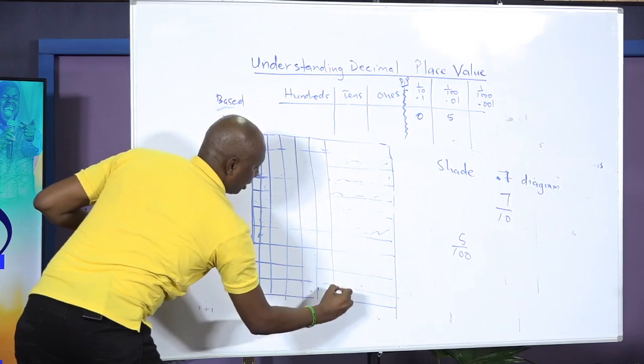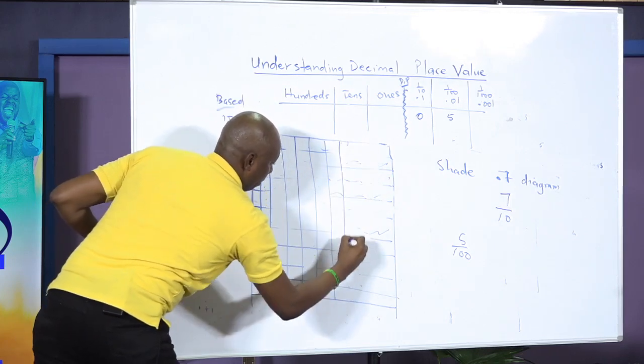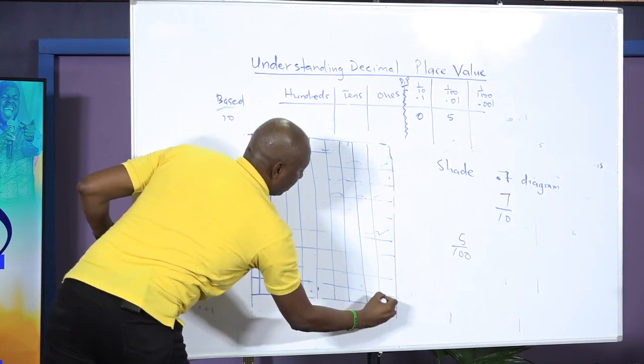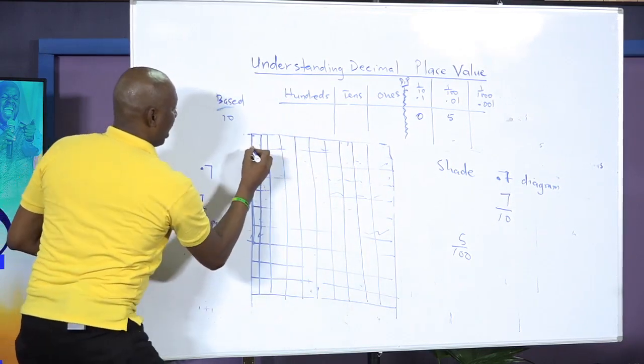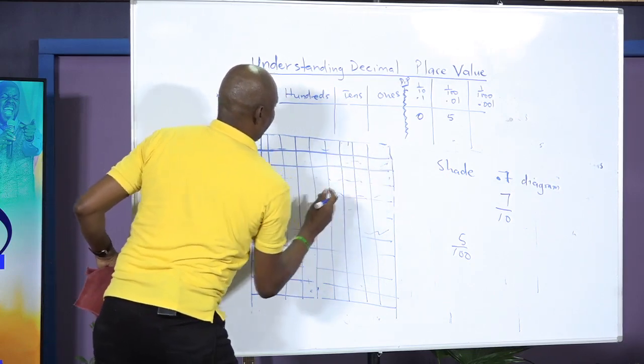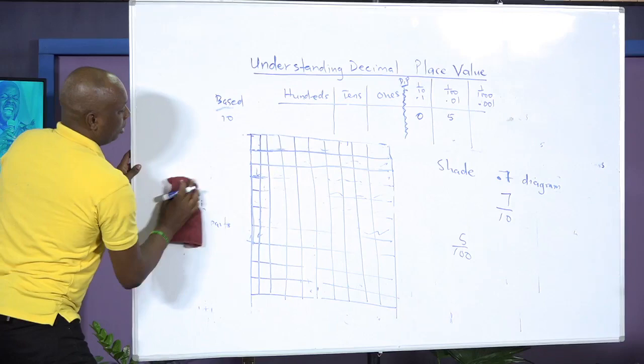I could now transfer my board. Wanted to show you this on the PowerPoint. We're having a little technical challenge as there's a general power cut in the area, so I have to be improvising.